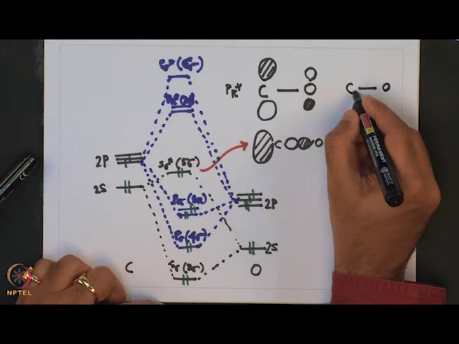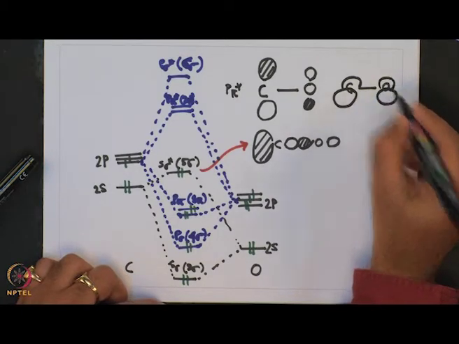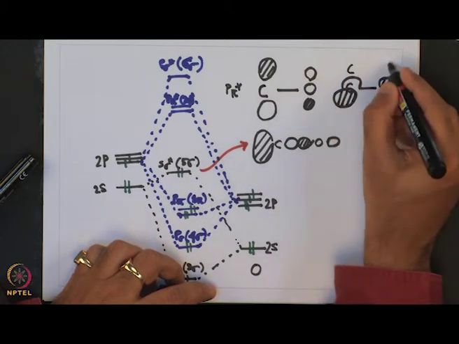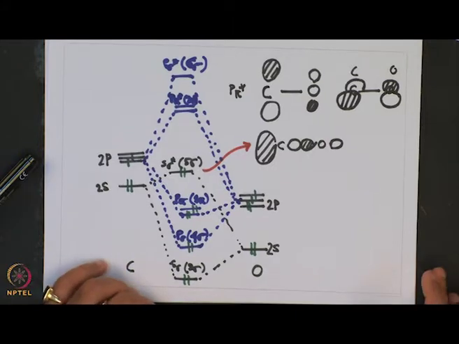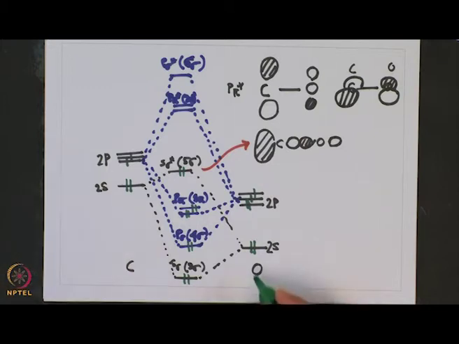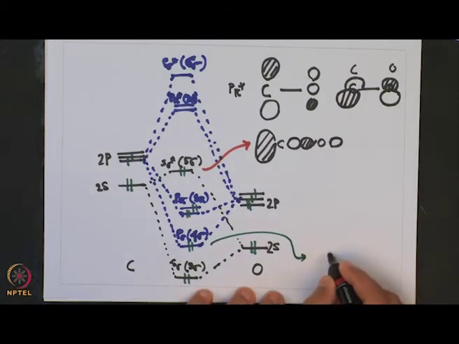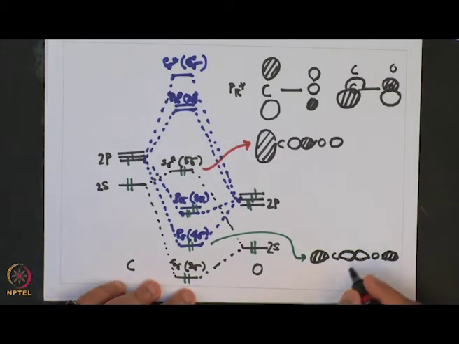So, the other one is also a pi star orbital, and similarly the sigma orbital would look like this.